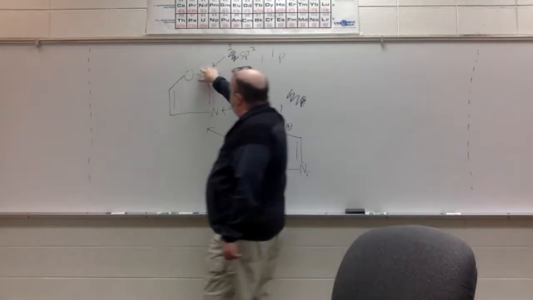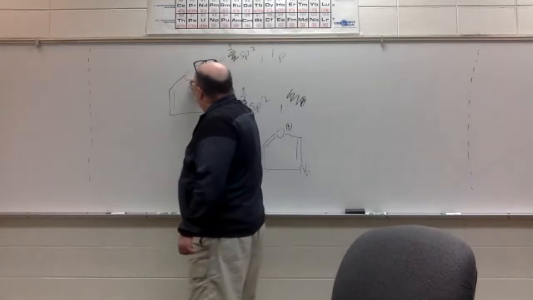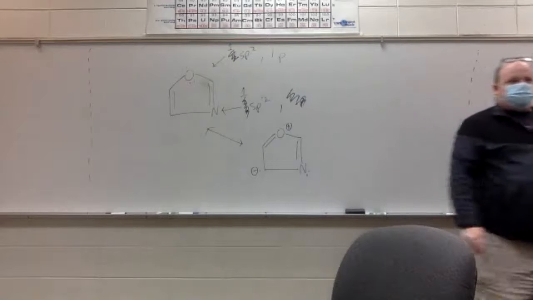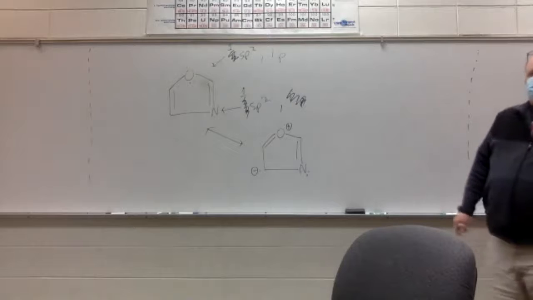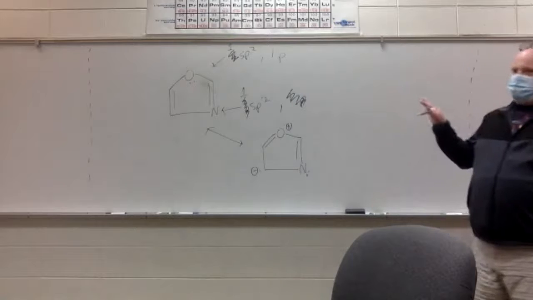That means one of them stays on the outside in the hybrid orbital. The other one goes to the inside in the p orbital. Okay? Does that make sense? Any questions about how we got this far?